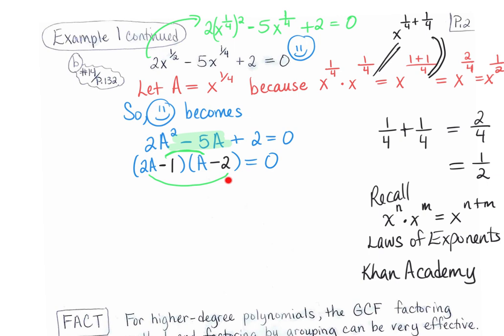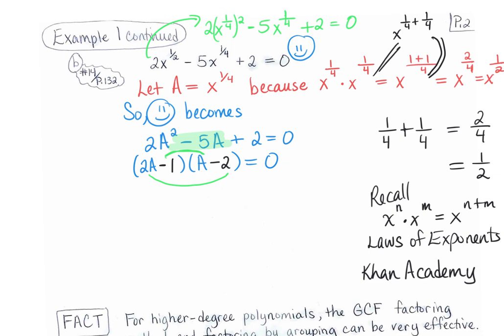Negative 4A. And what is negative 1 times A? Negative 1A, yes? So negative 1A plus negative 4A is negative 5A. So it works. Even though it didn't look like the negative 2 times the negative 1 is going to give us what we need, it actually does, because we have to take into account we have a 2A here and an A.